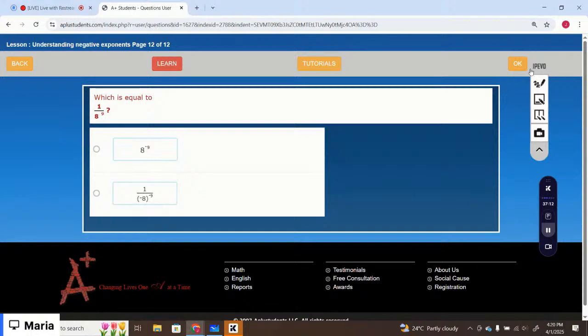Option number 1 is the correct option, that is 8 exponent negative 9.